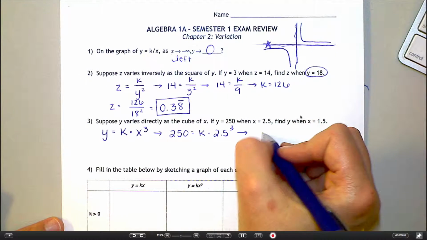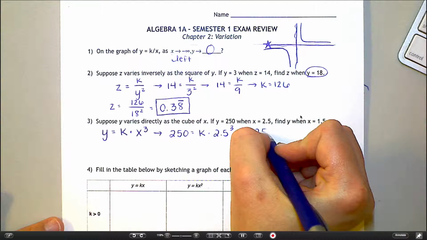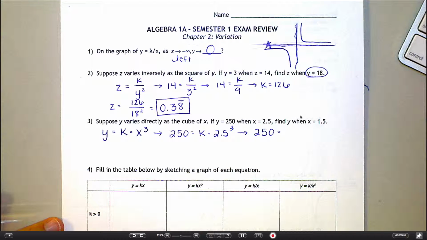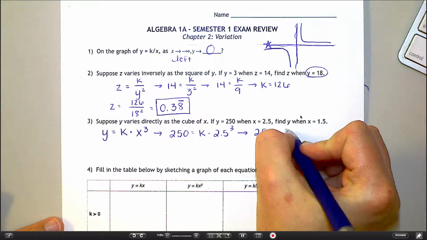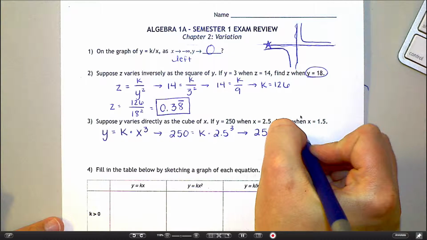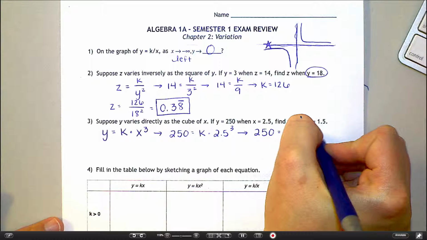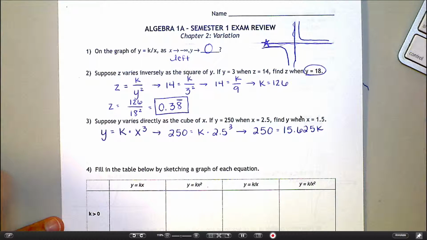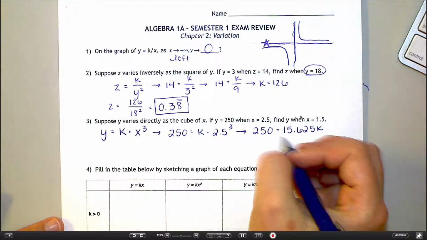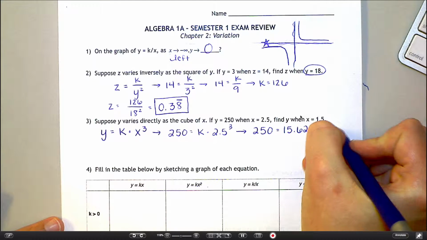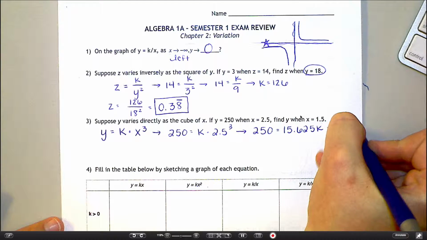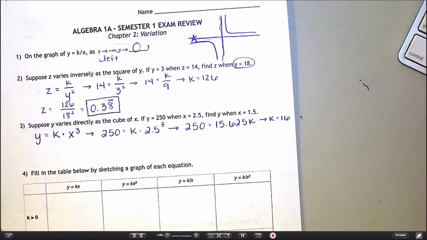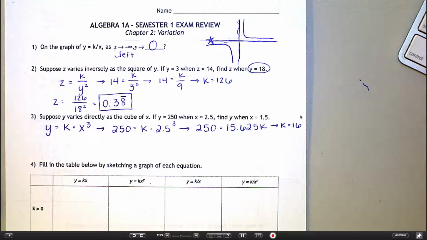So this is really saying 250 equals k times 2.5 to the power of 3, which is 15.625. And then I'm going to divide by that 15.625, and I get 16 for my k value. So I found my k value of 16.